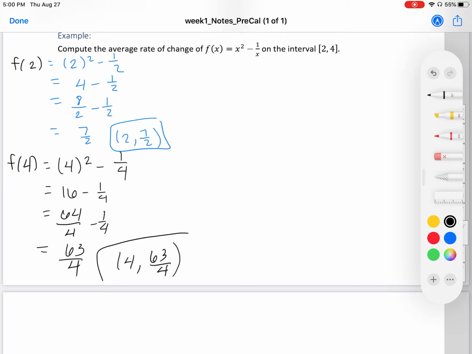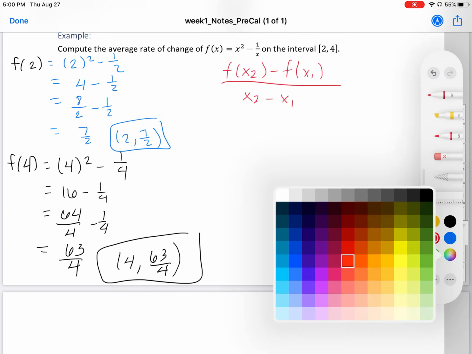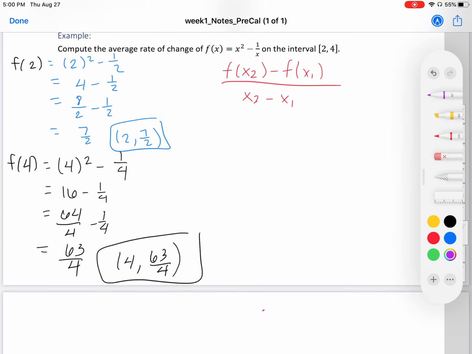So now we have the necessary pieces to use our formula. f of x2 minus f of x1 over x2 minus x1. By doing so, we get f of x2 is 63 over 4, minus f of x1, which is 7 over 2, all divided by x2, which is 4, minus x1, 2.